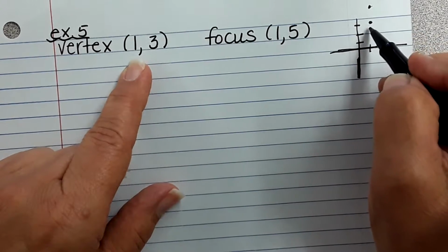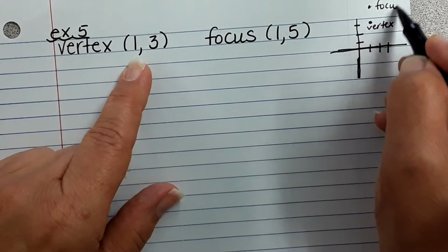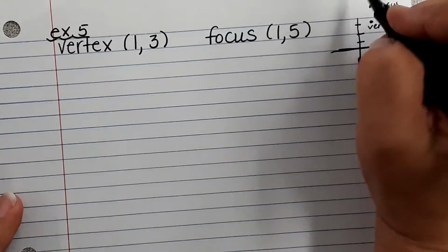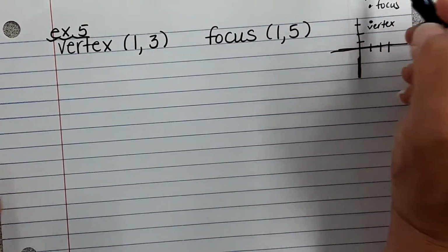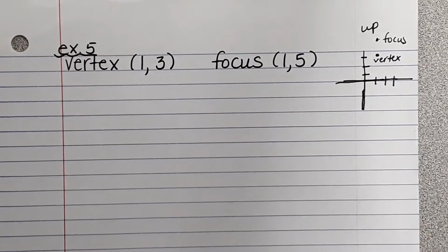This is the vertex. This is the focus. And because the focus is above the vertex, this is an open up equation. Do you guys understand? Are there any questions about what I just said? So the focus and the vertex really tell you what kind of graph it is.